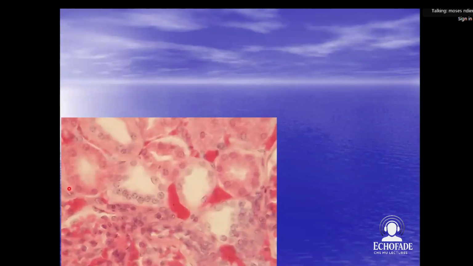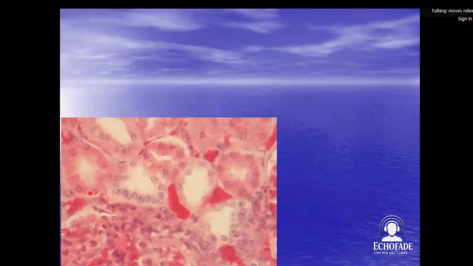The simple cuboidal epithelia have a large central placed nucleus. The apical part has a lot of microvilli. The microvilli increase surface area for reabsorption. At the basal part, the membrane has a lot of basal infoldings.